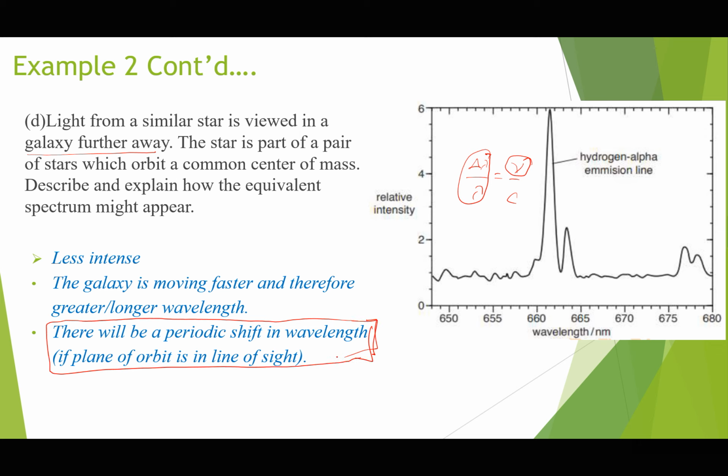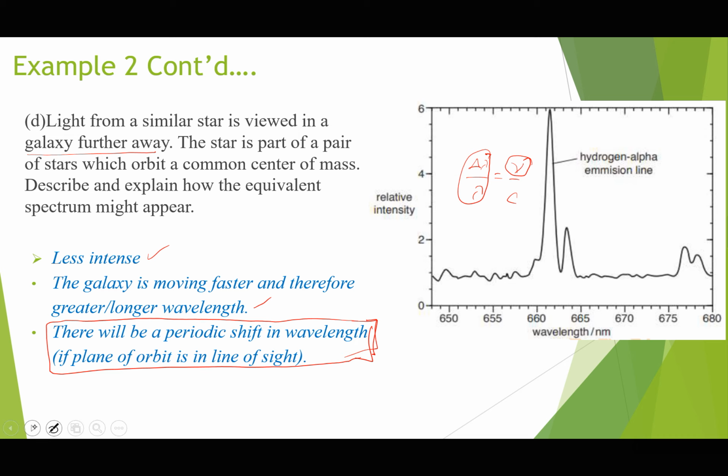Let's concentrate on the line being intense because the galaxy is moving faster. Because it is farther away, it is more redshifted. And if the redshift is more, it's only because it's moving at a faster speed in comparison to the one we have considered previously.